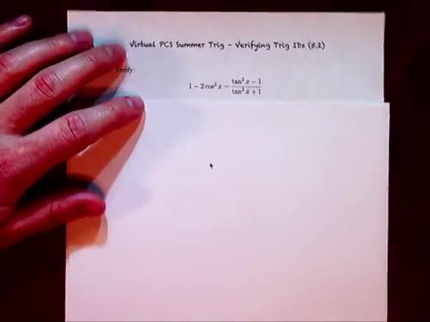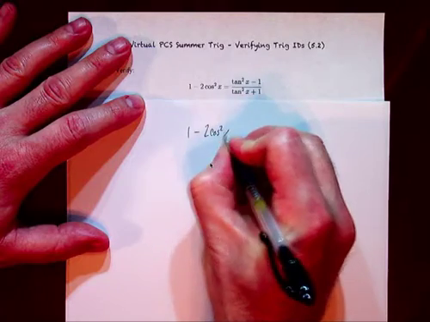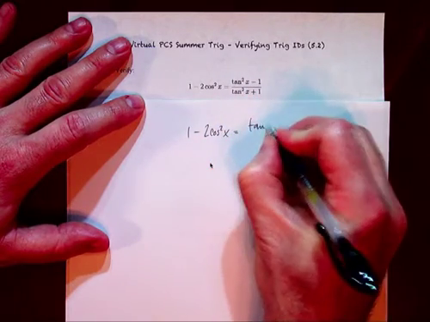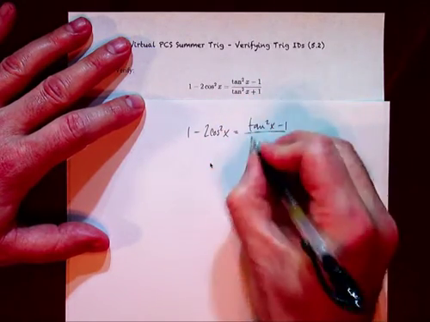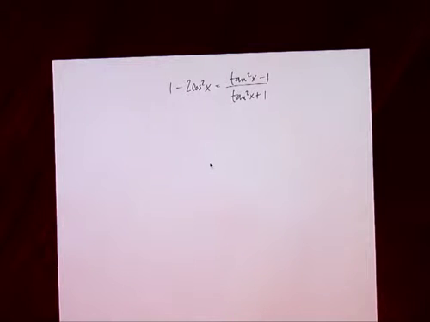Okay? Let's start with 1 minus 2 cosine squared x, and we recognize that this right side has an interesting structure to it. Okay? And the thing is that right hand side is more complex anyway, and by our guidelines we probably should have started with that to begin with. Now, when we look at that right hand side, that denominator can be turned into secant squared.